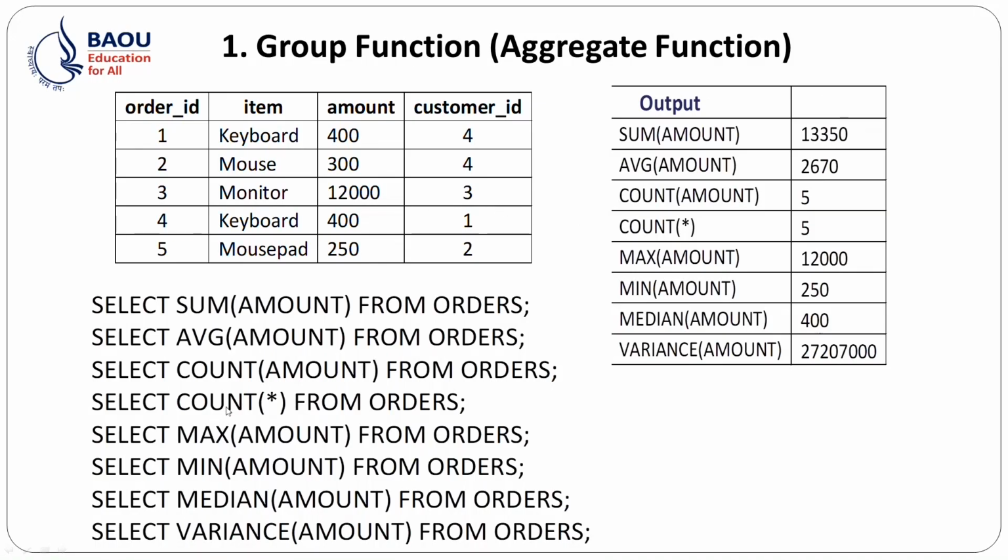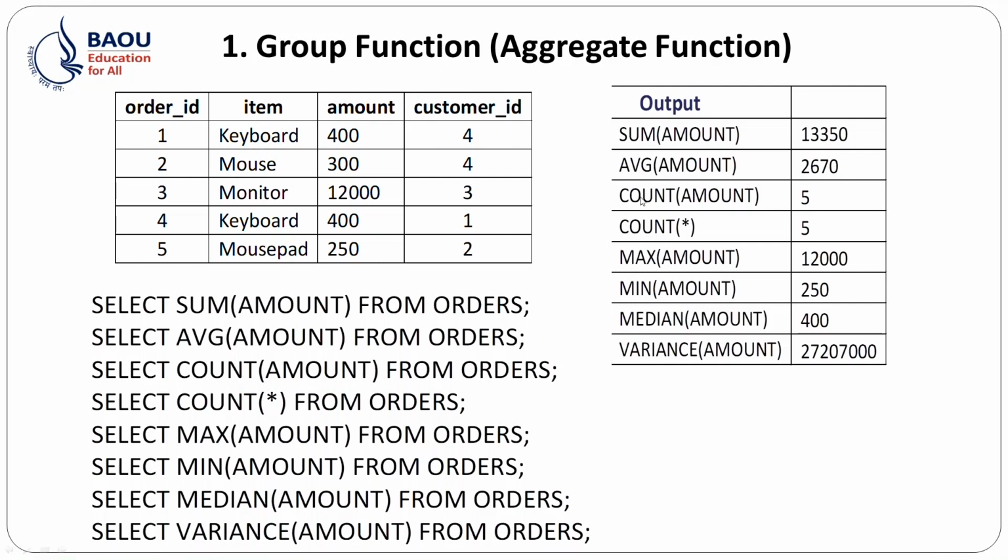Now, SELECT COUNT(*) FROM orders. This count star function is used to count the number of values including the null values as well as the duplicate values. So, the number of values is 5.